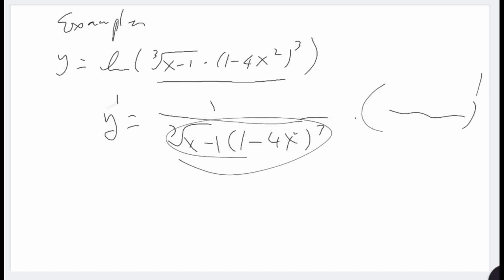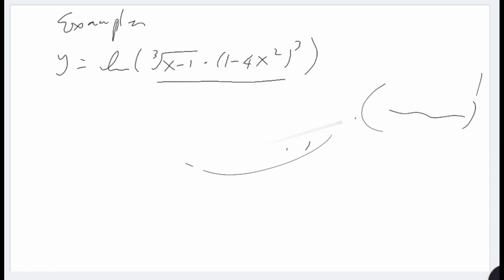Okay, so we're not going to do that. We're going to instead try to apply properties of log to simplify it first. And you'll see some algebra. Once it's simplified, the differentiation is going to be extremely simple.